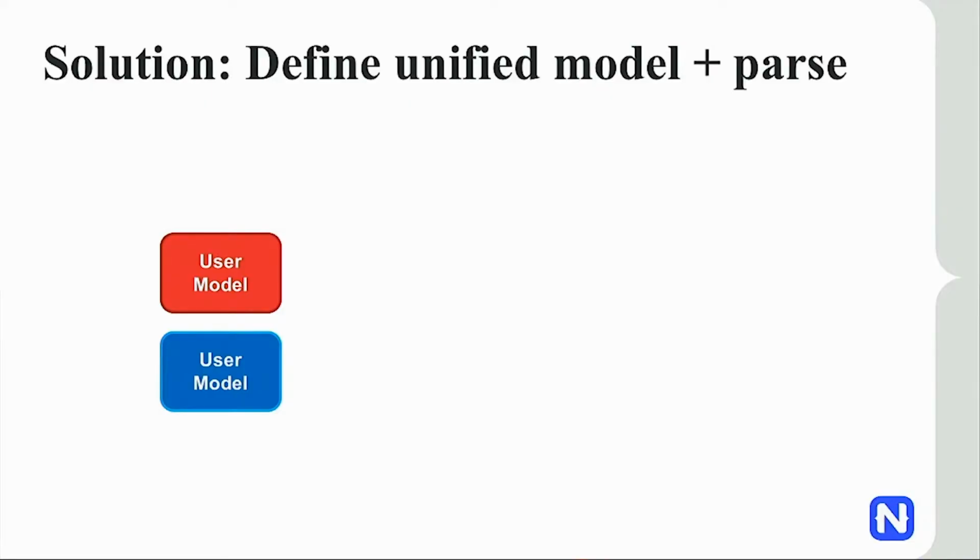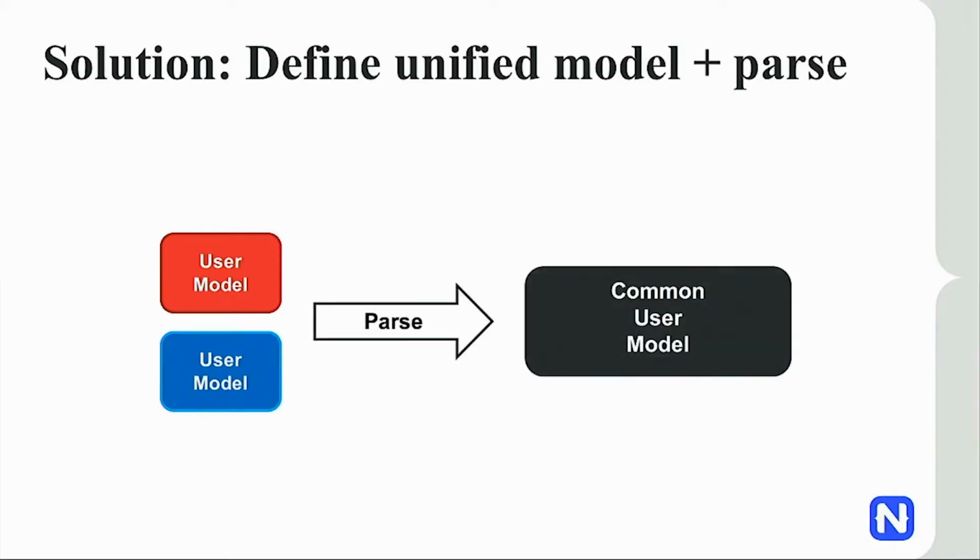And as soon as you have that, TypeScript starts complaining because it's like, I want to have one or the other. So obviously, the solution in my abstraction was to create a common user model, and a parser that every time we return the user, would parse it always to the same standard.